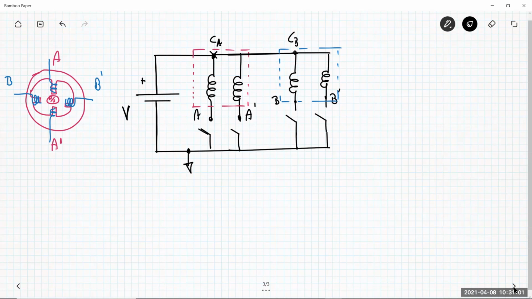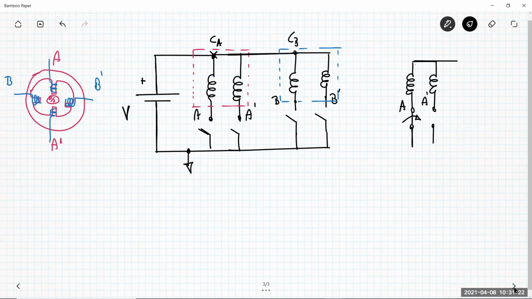Okay, so what happens at the beginning? I have to excite the phase A and not the phase B. So I have this situation. The switch A is closed. A prime is open.